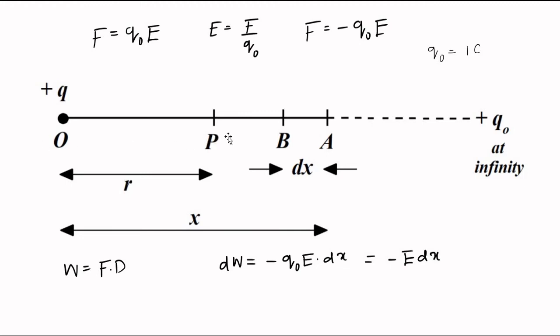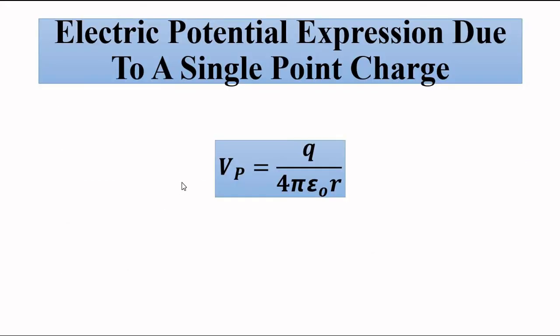Here the test charge is moved from infinity to P. Distance between the source charge and the test charge q0 is r. So in terms of that, the expression of electric potential is Q by 4 pi epsilon 0 R. This is for a positive unit test charge.